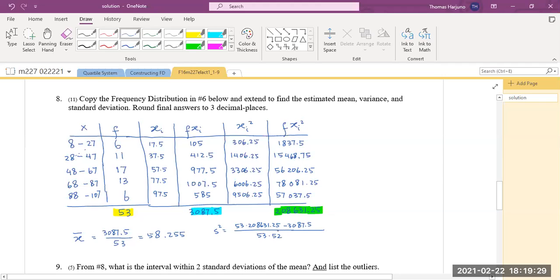So you have to memorize the formula. At least the formula should be on your cheat sheet and you know how to do it. So from here, compute further.